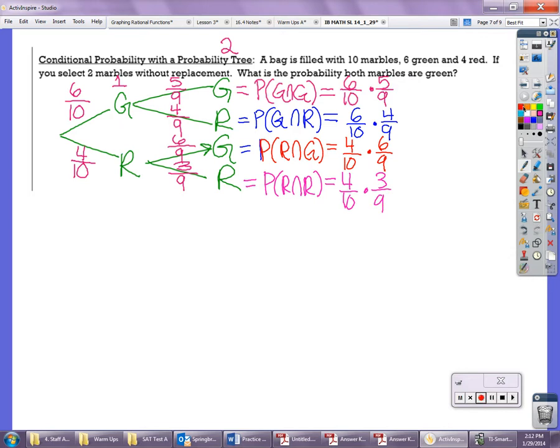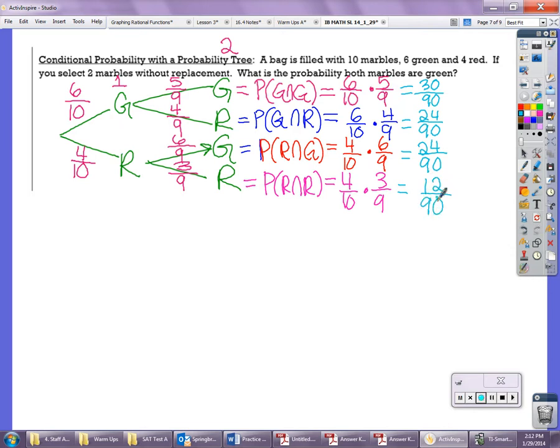So what's nice about a probability tree, if you do it correctly, is that it would be 30 over 90, 24 over 90, 24 over 90, and then 12 over 90.